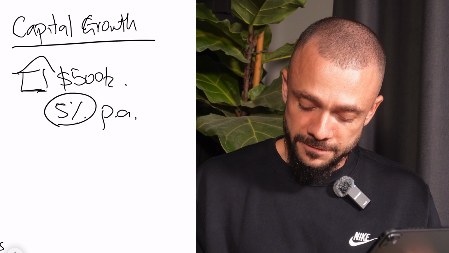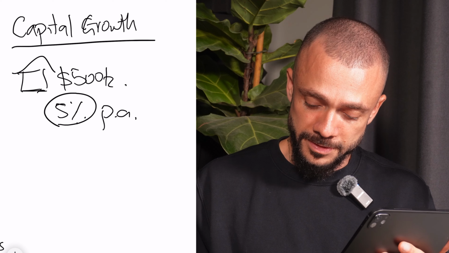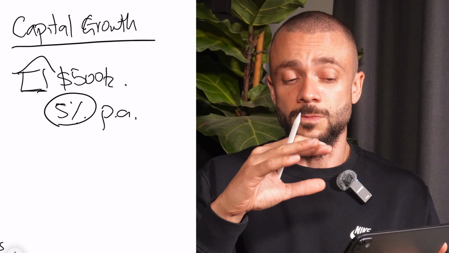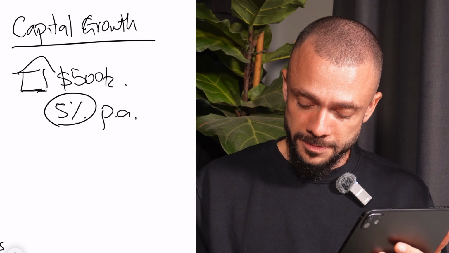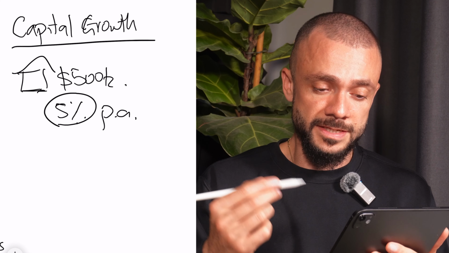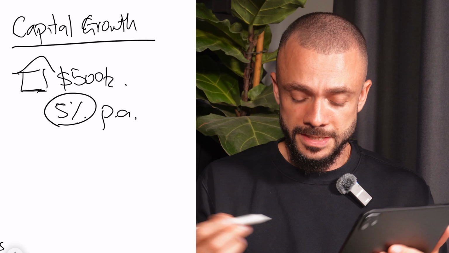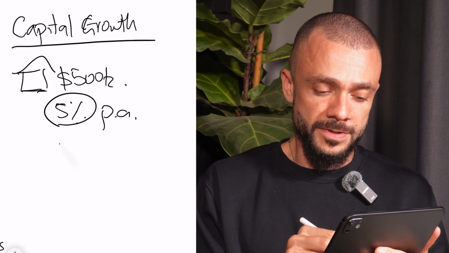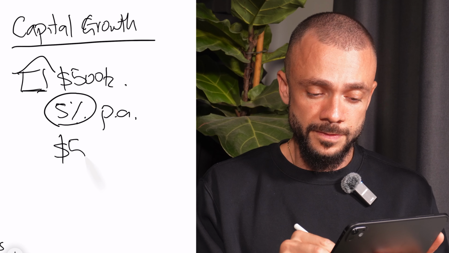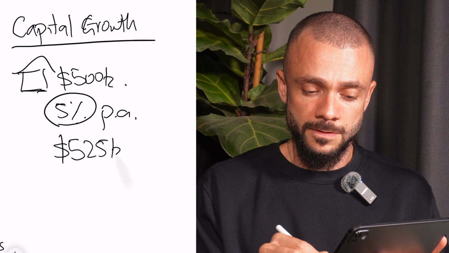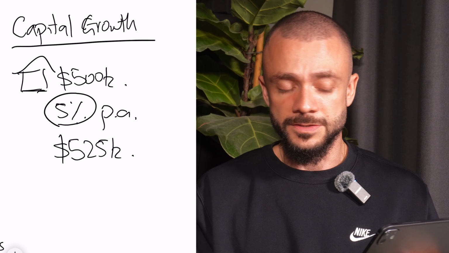So what that would mean for your $500,000 investment property, if this growth rate were to hold true, is that this property is going to increase in value in 12 months' time, essentially. The property will then be worth, you bought it at 500, next year it's worth $525,000.